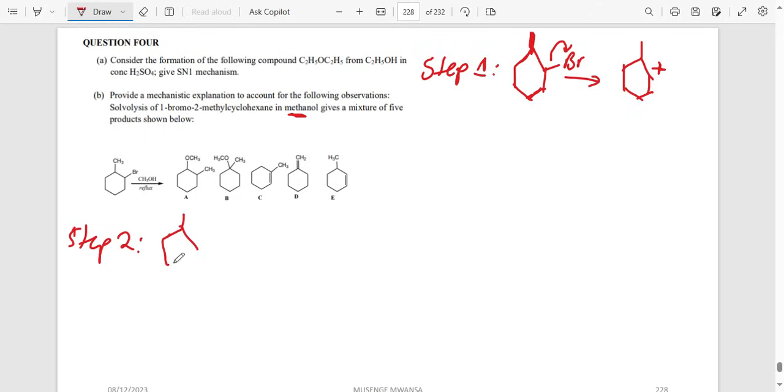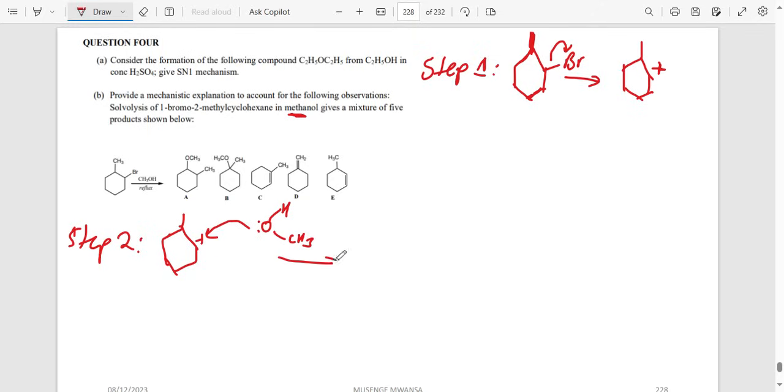Now two things can happen. This can go by either E1 or SN1. If it goes by SN1, it means that our methanol, because they said it is in methanol, which is just oxygen bonded to a hydrogen and a CH3, can come in and attack where the positive charge was.